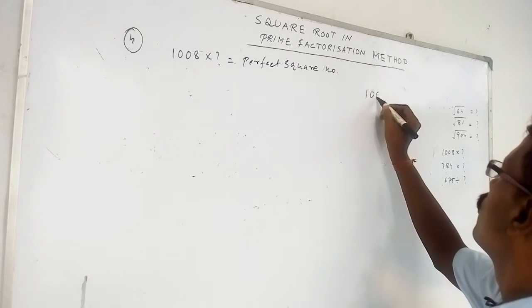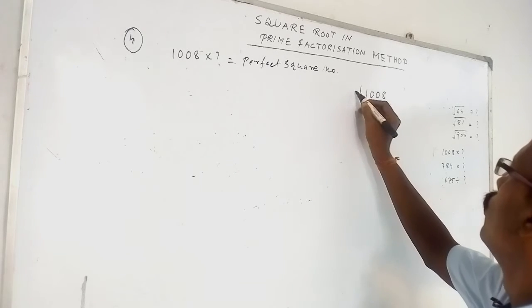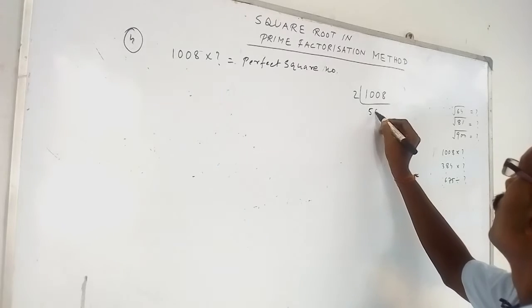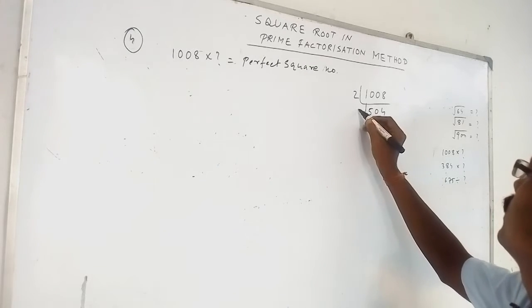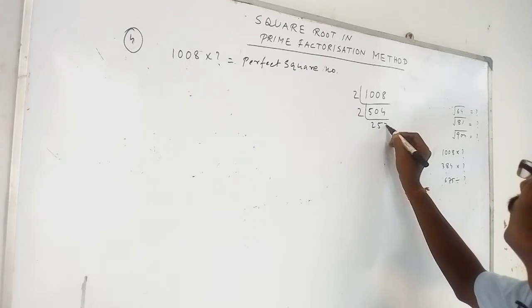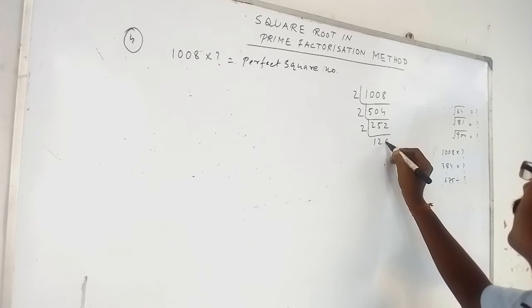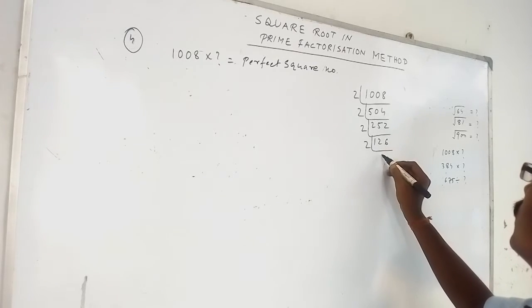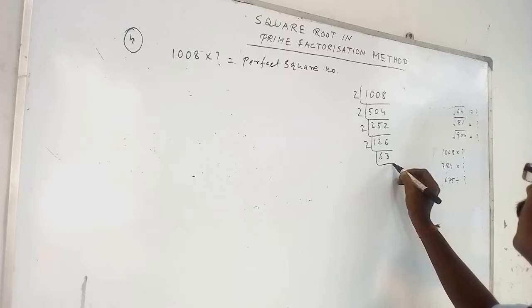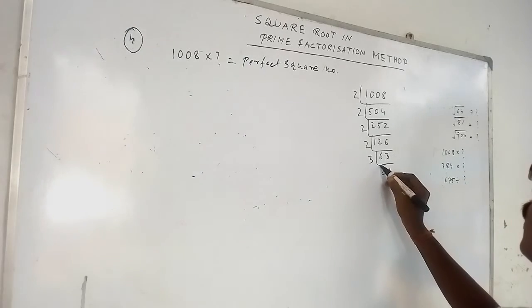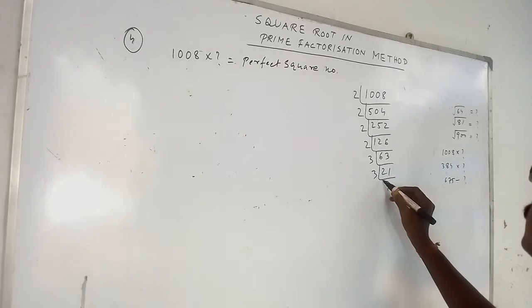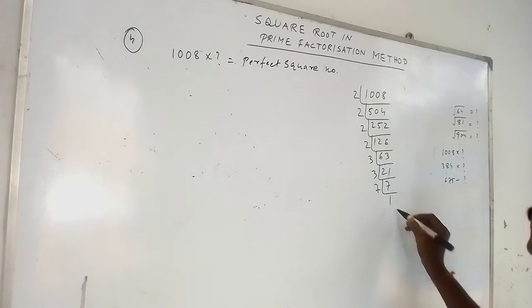That is 1008. Divide by 2 to get 504, by 2 again 252, by 2 again 126, again by 2 is 63, then by 3 is 21, by 3 is 7, and at last by 7 is 1.